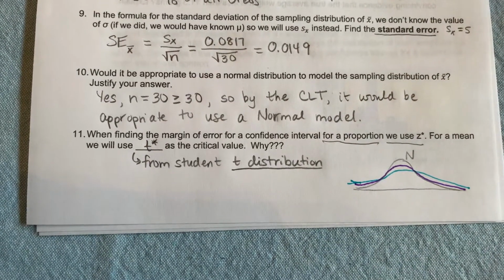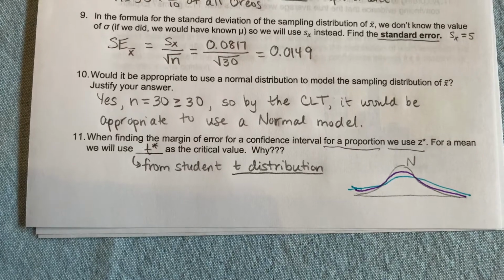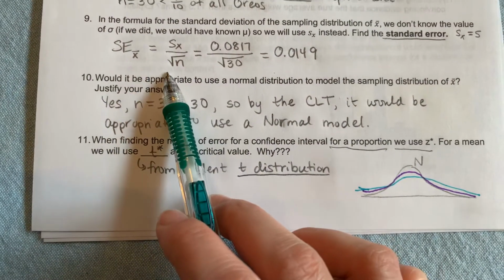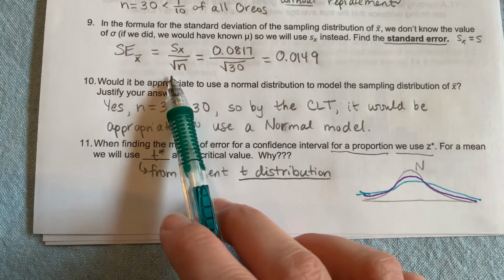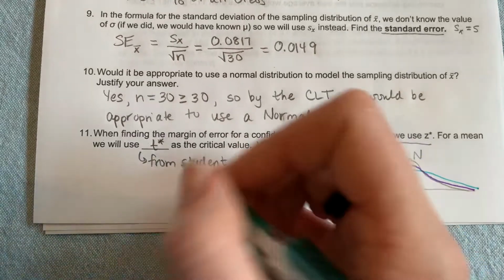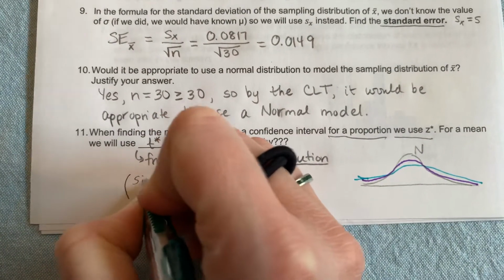And the reason for this is that we are using this standard error formula to estimate the sampling distribution standard deviation because we don't know sigma again. So I'm gonna write that down.